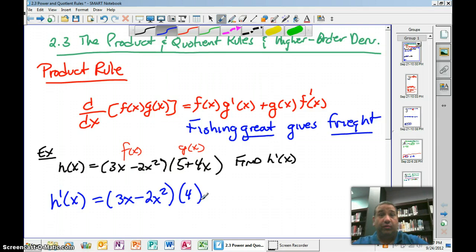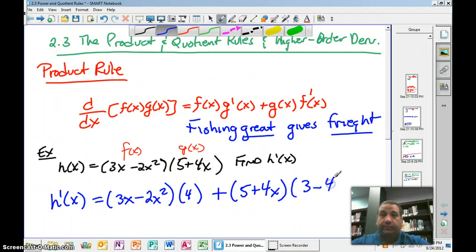Okay, the 5 is 0 if you remember. Derivative of a constant is 0. Plus the second times the derivative of the first. Derivative of the first just seems to be 3 minus 4x by using the power rule.